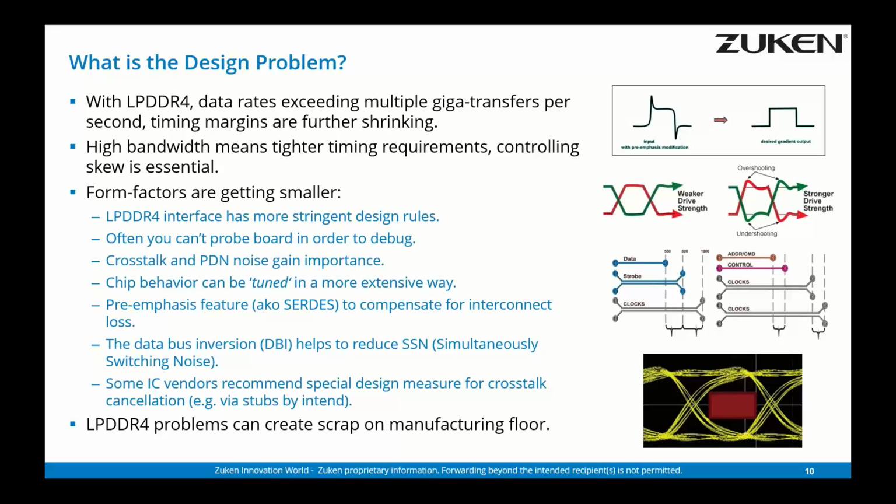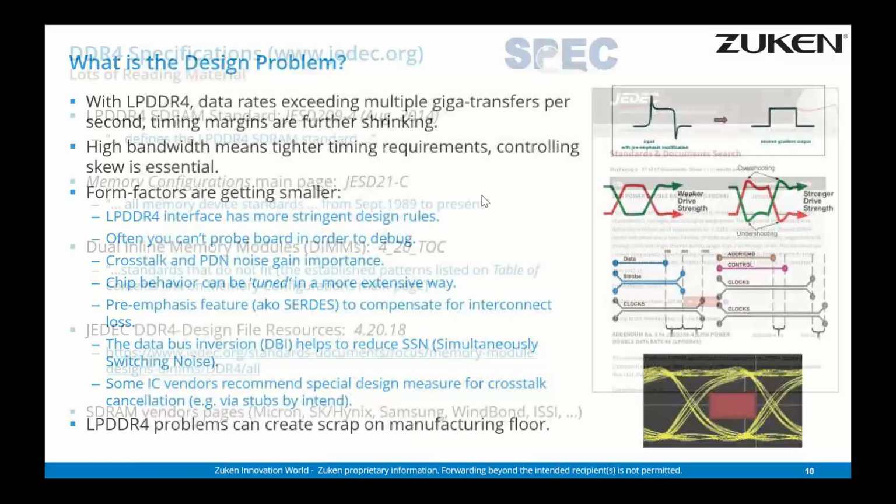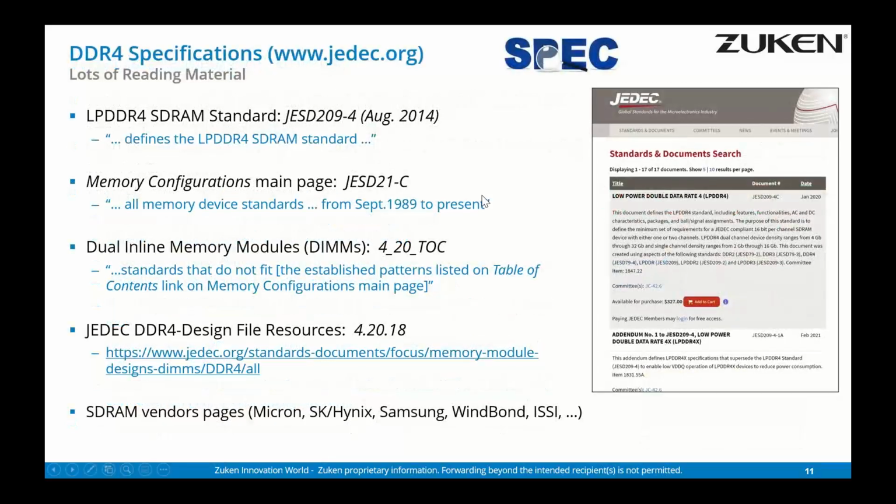And you should have in mind that if you neglect all these requirements to a certain amount, then you will see scrap on the manufacturing floor. So then you have an increased yield loss, and that's nothing your management, your procurement really likes. We have a lot of reading material, so we have the different specs.